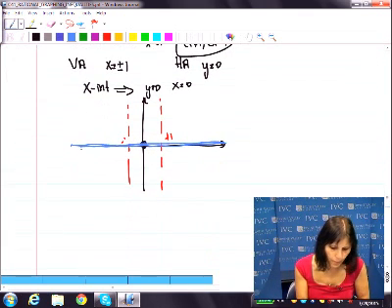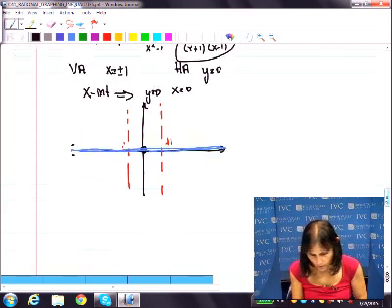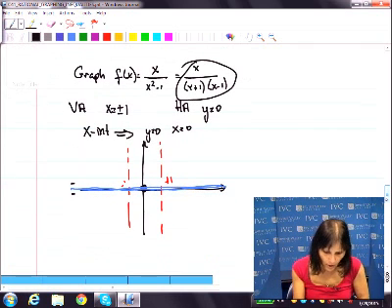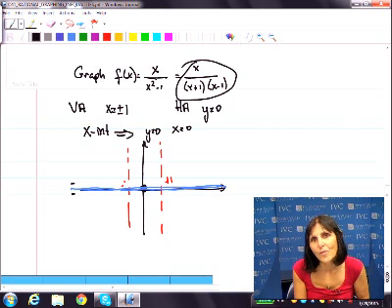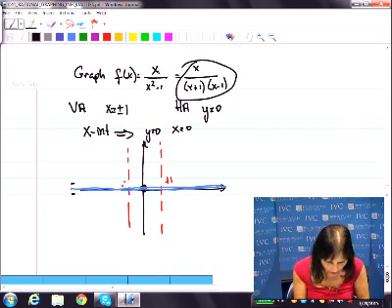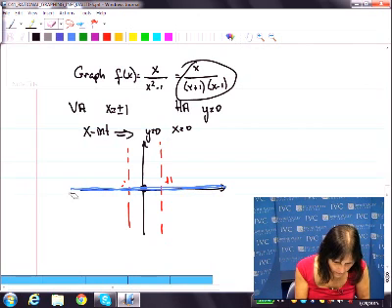I know that it's going to approach this, but I don't know how it's going to approach here or here. So put a negative number in there and see what happens. When I have a negative and a negative square, what's going to happen? You're going to end up with a negative number. Does that make sense? So it's not going to do this. I can take that out. It's going to do this.